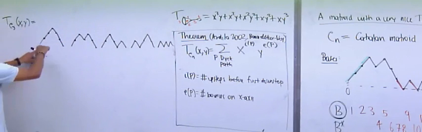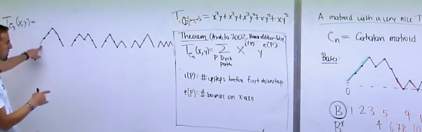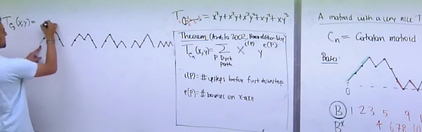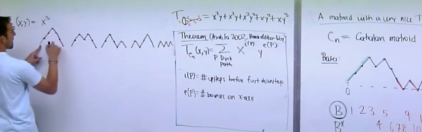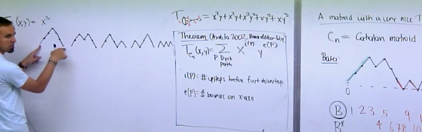And now you say, okay, x to the number of initial up steps, so you get x cubed, and y to the number of bounces. This guy only bounces at the very end.